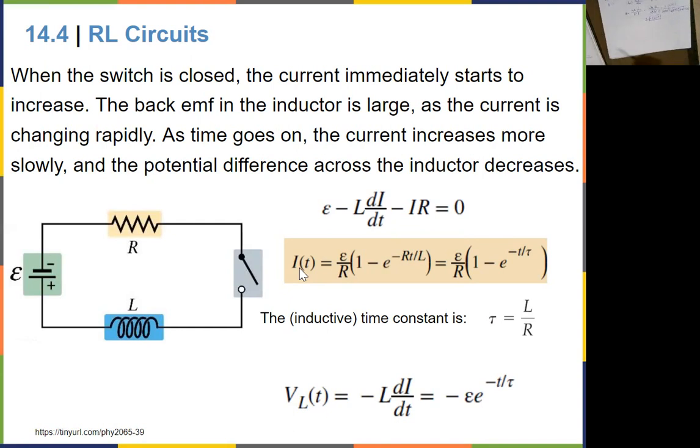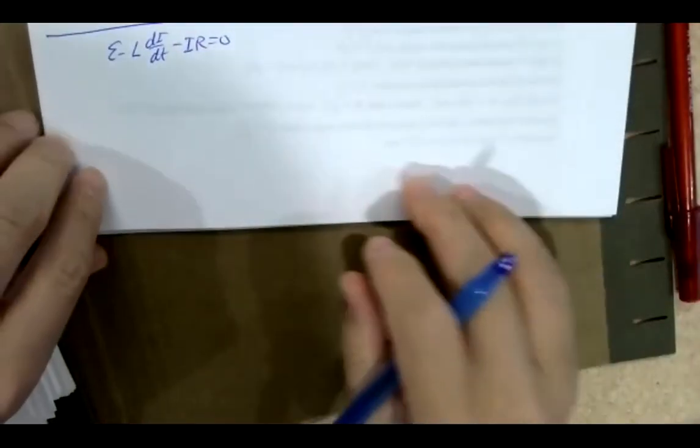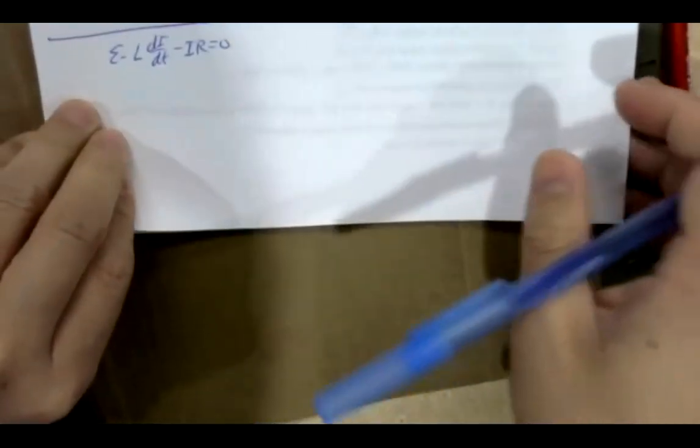I can show you how this is derived. Let me write down the starting equation here: epsilon minus L di/dt minus I times R equals 0.